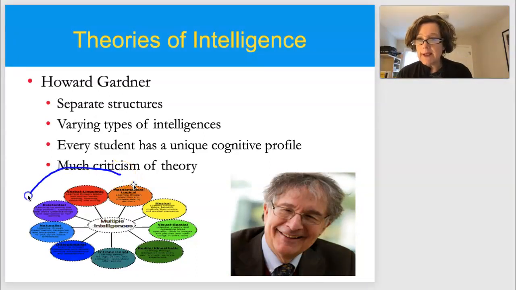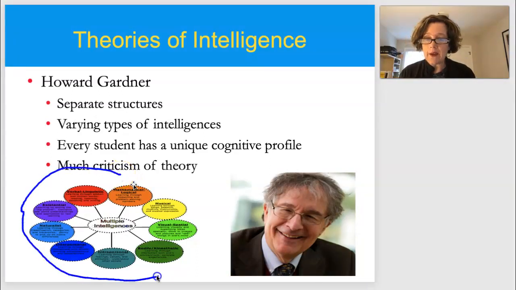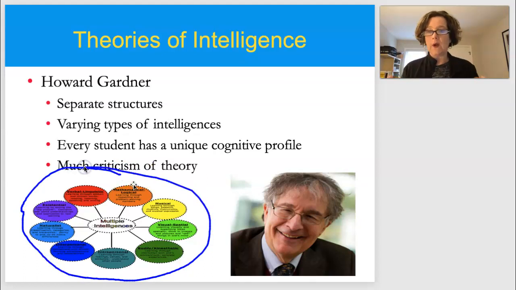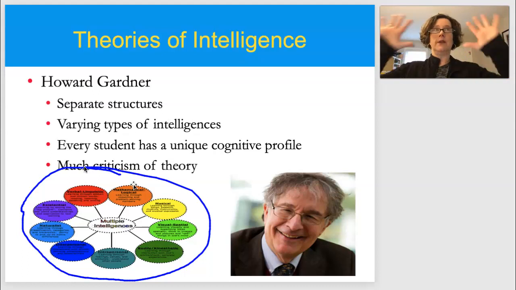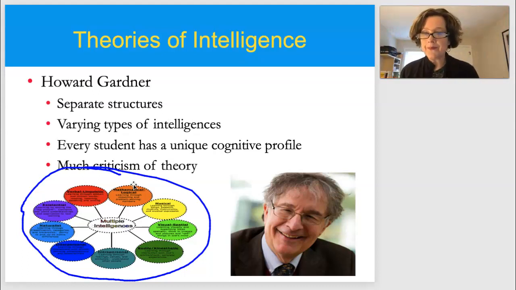So these 9 are what he would say is his theory of multiple intelligences. He has verbal, mathematical, musical, visual, spatial, kinesthetic, interpersonal, naturalist, where you learn through categorization, and existential, those big picture kind of people.